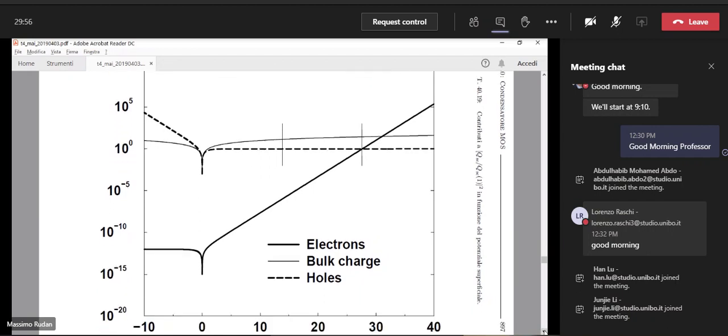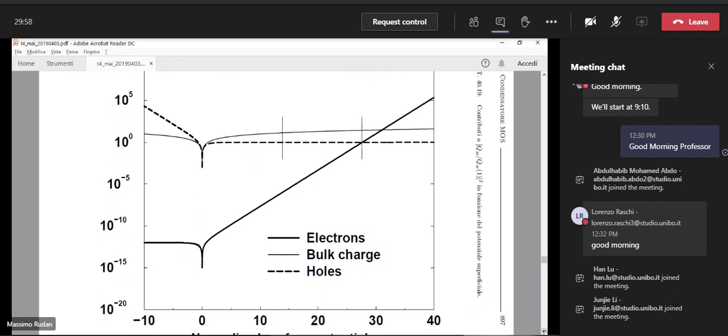This figure is probably not in the book, but you can find it on the website.